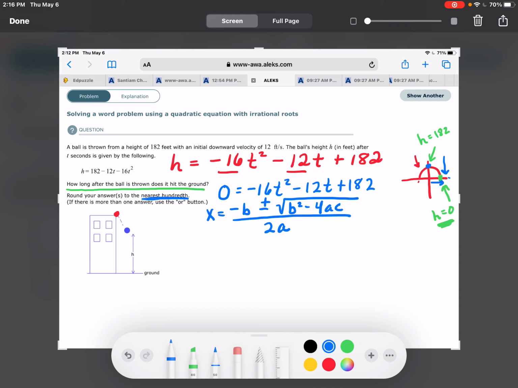Anyway, here's one technique. We're going to fill in the numbers like this. X equals, okay, this is b right here.